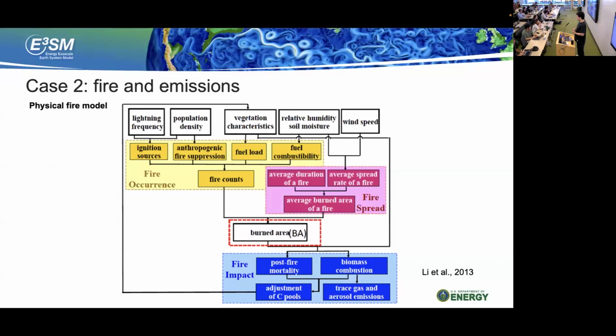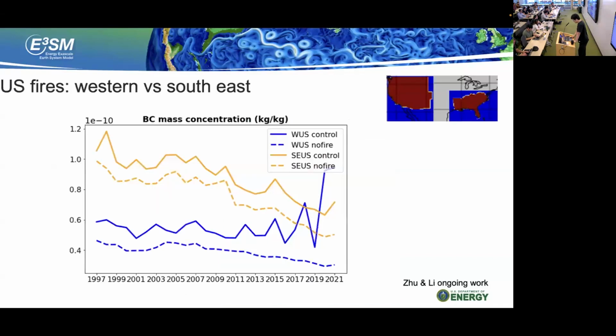So you can calculate the burn area, and then how much vegetation carbon is burned, how much carbon is emitted, how much dry matter is emitted, and then you multiply it by emission factors to get all kinds of different species. Then you can transport them back into the atmosphere and do all those chemistry and aerosol calculations.